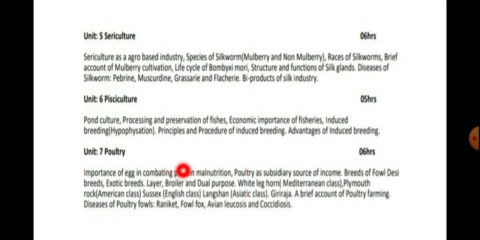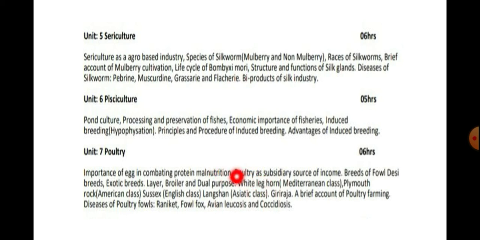These are the birds which can be used for laying eggs. Broiler means these are the birds which can be used for meat purpose. Dual purpose means which can be used both for egg laying as well as for meat purpose, okay. And here you not only see the hen and the cock, you can see chicks, ducks, okay, geese, all these things.